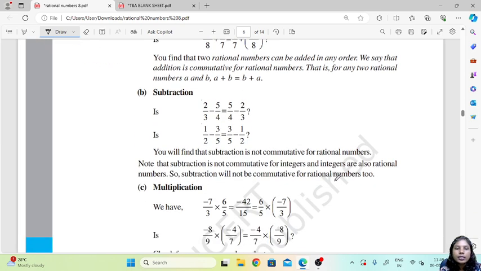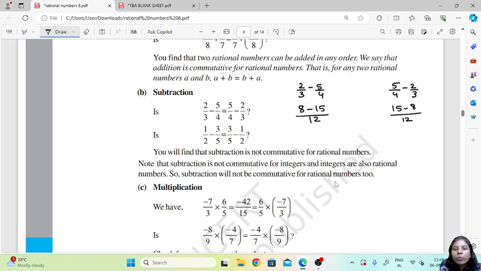Now let's look at subtraction. So we have 2 upon 3 minus 5 upon 4, and we have 5 upon 4 minus 2 upon 3. Now let's solve this. So 4 2s are 8 minus 5 3s are 15 upon 12, and this will be 5 3s are 15 minus 8 upon 12.